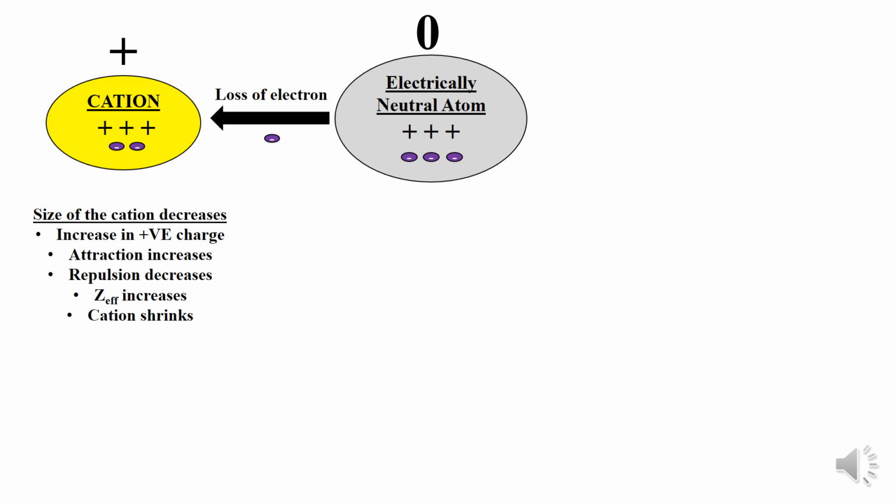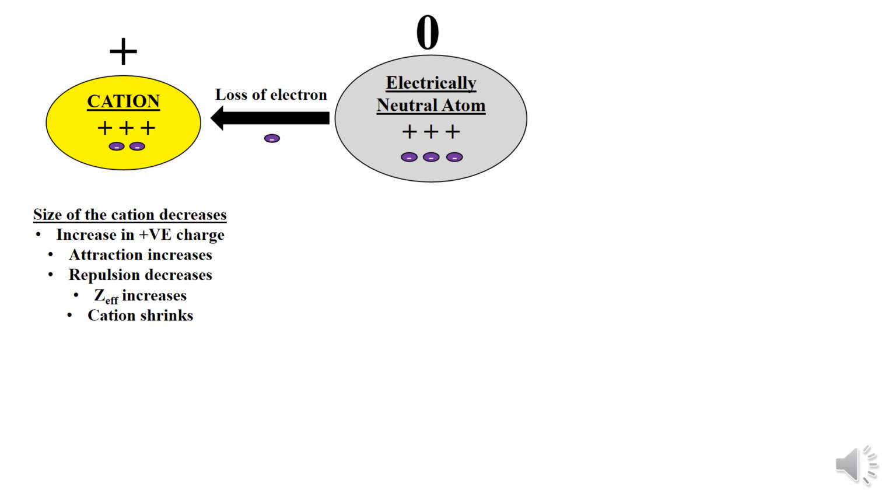So after the neutral atom has lost an electron, there is an increase in the positive charge, and therefore the attraction between the positively charged protons and the 2 electrons that are left over increases. Repulsion decreases because the total number of electrons is only 2, not 3.